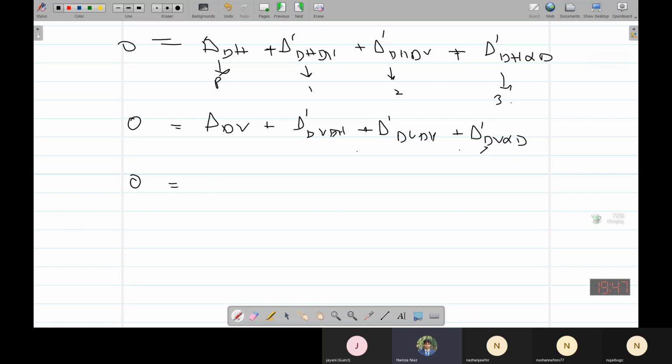So this one is theta D plus the rotation at D point by dh force plus rotation at D point by dv force plus rotation at D point by moment at D. So these are 3 compatibility equations because our structure was indeterminate to the 3rd degree.